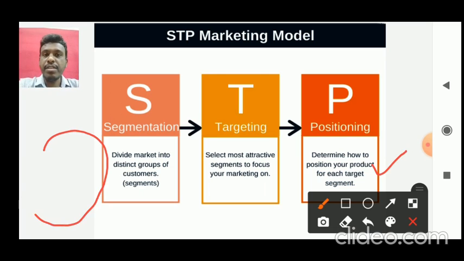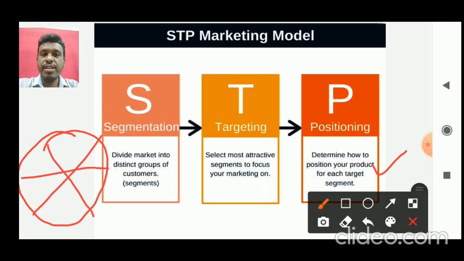For example, you have a market like this, and suppose you have various segments and you decided to serve this segment, that is segment 1, maybe based upon age you have selected this, and say this one. So these are the two markets that you have selected.